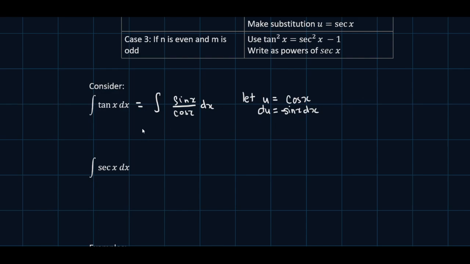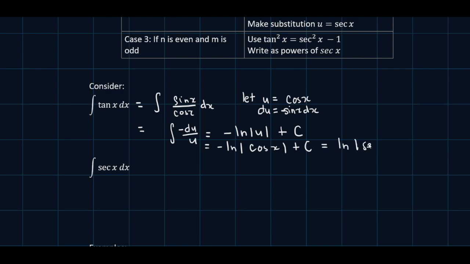So we are now able to rewrite this as the integral of negative du over u, or negative ln of the absolute value of u plus c. Now, applying the substitution again, this is negative ln of the absolute value of cosine x plus c, or in some cases, this is considered as ln of secant x plus c.